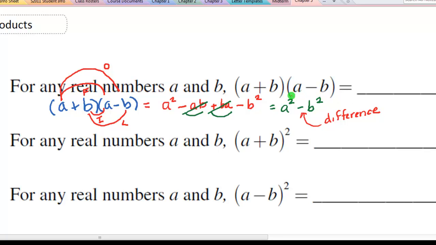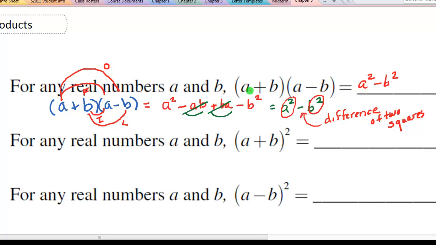And then notice that the first term is a squared, so it's a perfect square, and the second term is b squared, that's also a square. So we call this special product the difference of two squares. And it comes up quite a bit, so you want to look for that one.